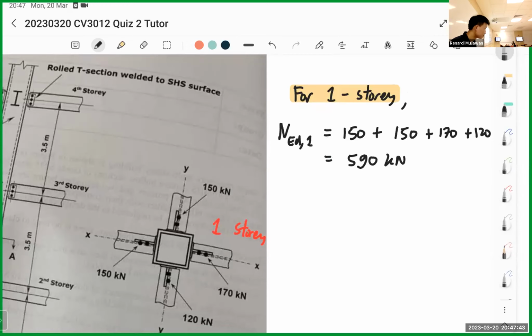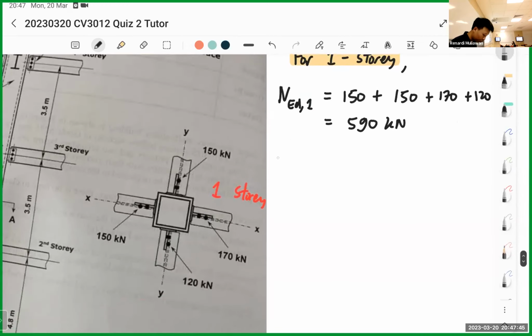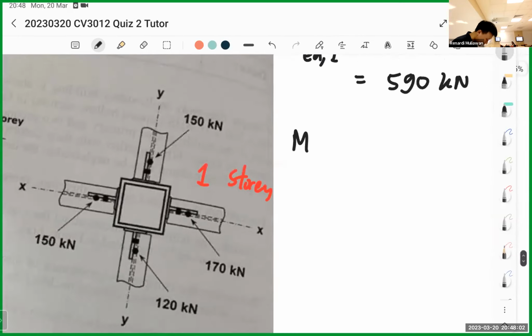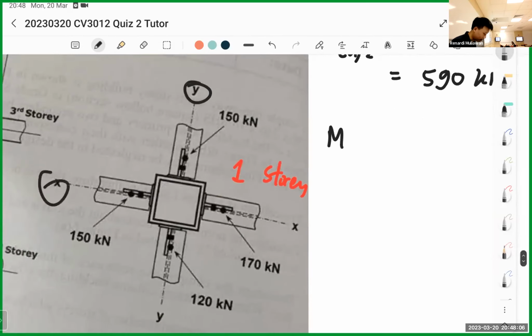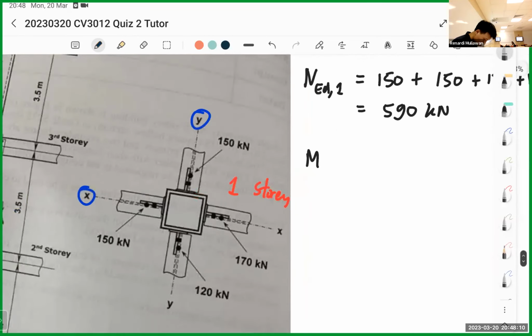Then for moment, we have two axes. Actually, we don't have YY and ZZ, so we just take the maximum one. Let's indicate X and Y now.